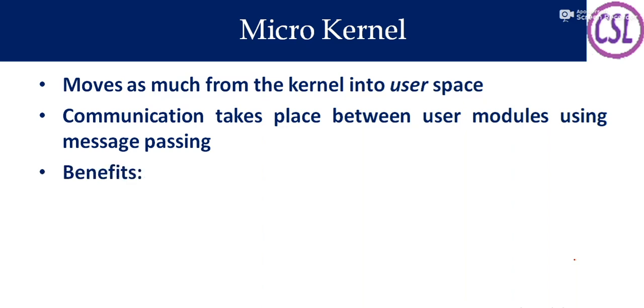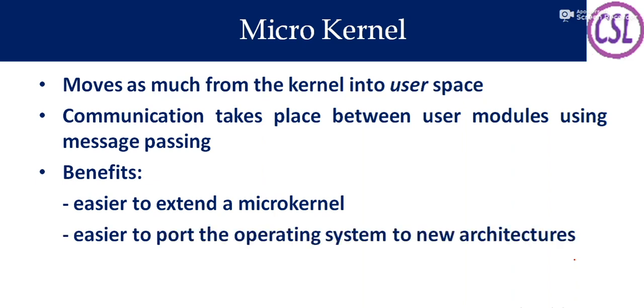And the benefits of using this model are, it is easier to extend a microkernel. That means once the operating system is developed, in future if any additional functionality has to be added, you can easily add it. And it is easier to port the operating system to new architectures. So here the different modules are there and every module is divided, so you can convert it into another architecture also, that is called porting.